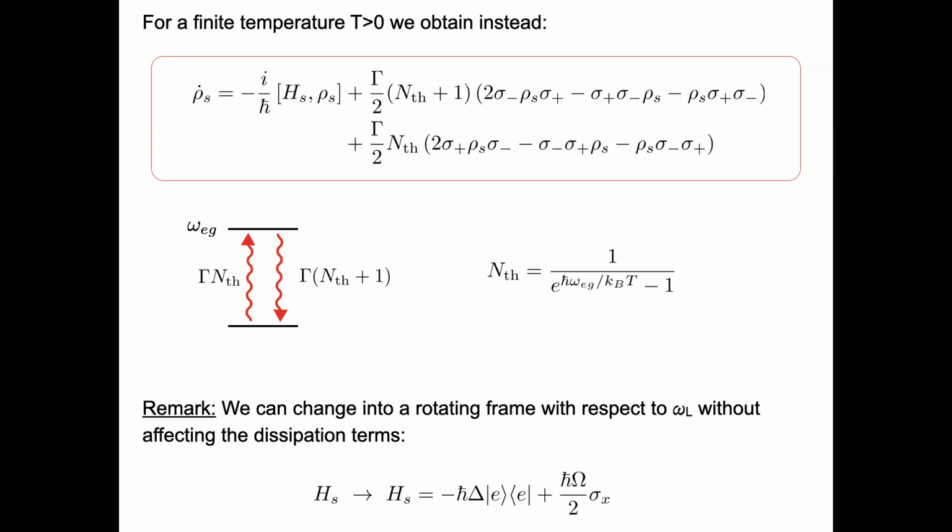And in this master equation, I always have sigma minus, sigma plus. So I transform sigma minus and I transform sigma plus. That has, of course, the opposite frequency dependence. So in all these terms, they cancel out. So I can go to a rotating frame without affecting any of these dissipation terms.